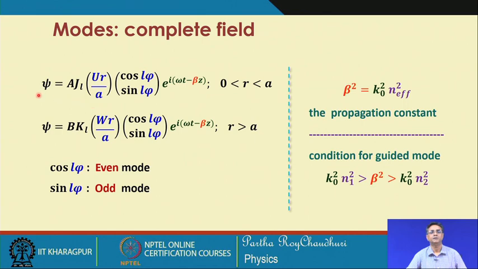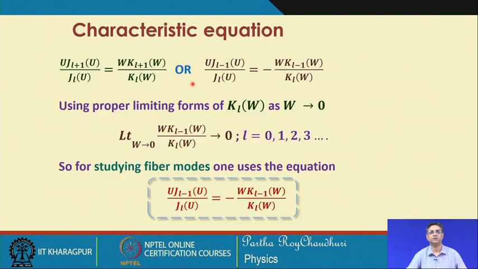Then we can write the complete field solution in this form, that is, ψ equal to A J_L(ur/a), then e to the power of plus or minus iLφ, e to the power of i(ωt minus βz). Beta is the propagation constant which will come from the transcendental solution of this transcendental equation. You have to plot the left hand side and also the right hand side and look at the intersection of the two graphs.